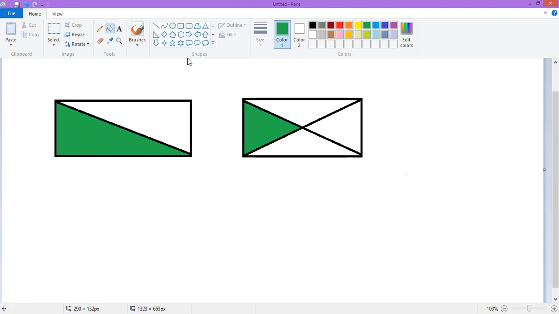So you can see this is 1/2 and this is 1/4. So 1/2 is like this. 1/2 is like this. And 1/4 is like this, or like this.